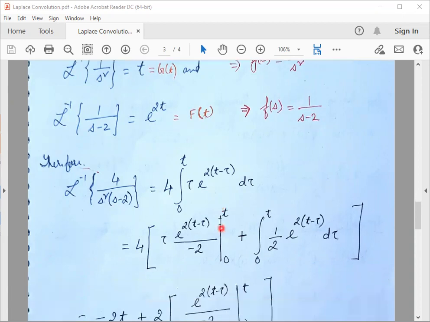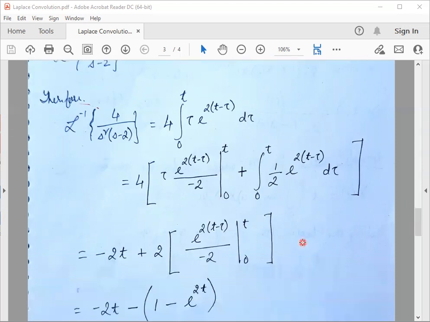And this we integrate by parts. We take tau as the first function, e to the power 2(t minus tau) as the second function. So this is the first function multiplied by the integral of the second function, minus the differentiation of the first function multiplied by the integral of the second function. Okay.